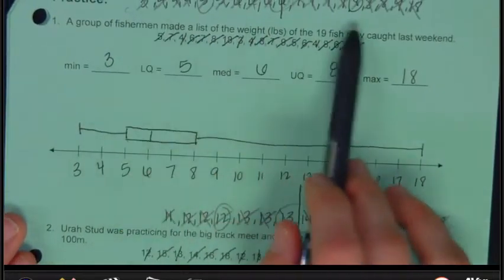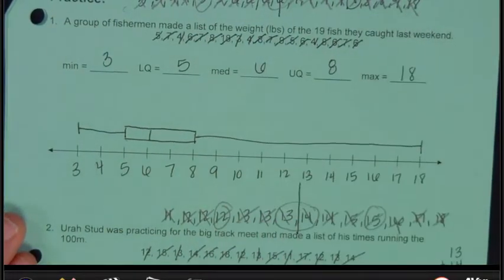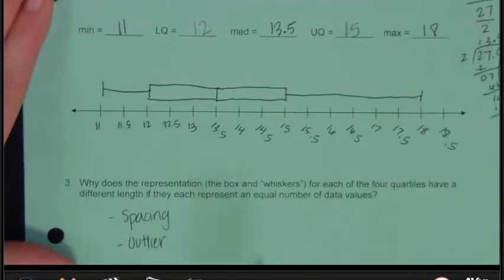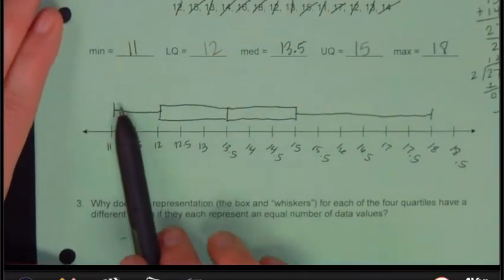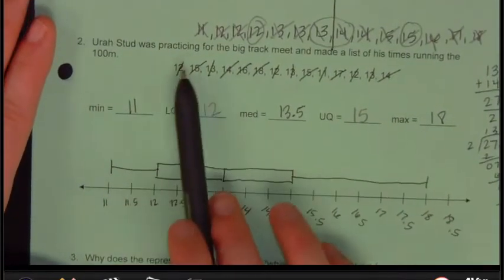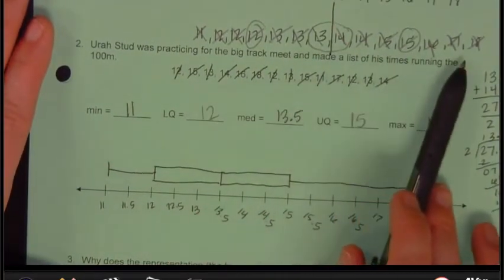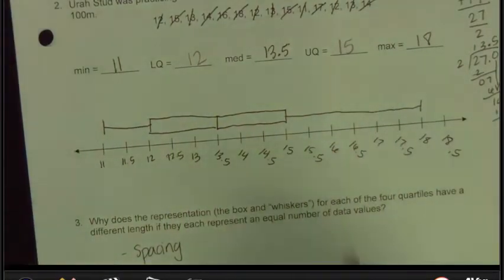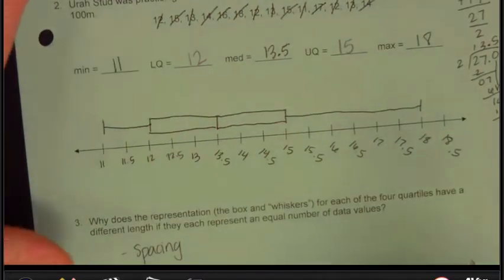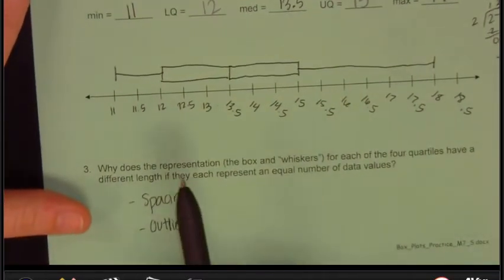As you notice up here, all of our numbers were between 3 and 9, but then we get one random point up here at 18. So if we look at the box and whiskers, we really have a long whisker. But here, if we look at this data set, I go from 11 all the way up to 18, and each section is a little bit more spread out, so you have different spacing.